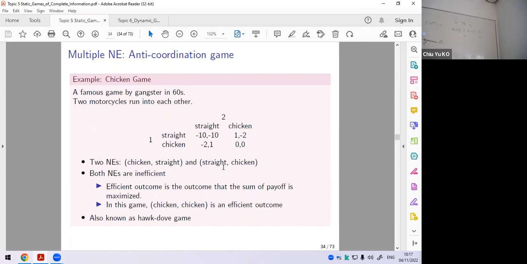The Hawk and Dove game is like the idea of talking about lions and rabbits. If there are more lions, then you have fewer rabbits, and with more rabbits, you get more lions, and so on and so forth. And then you decide evolutionarily how you would survive.